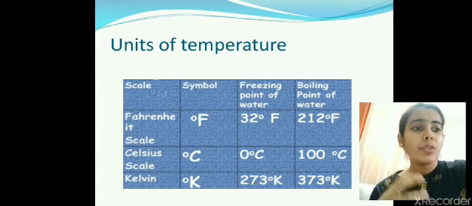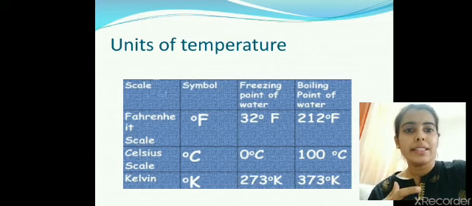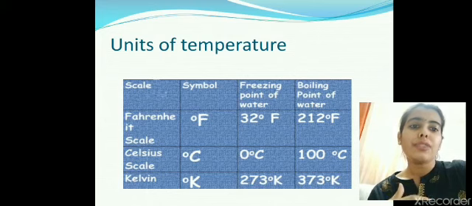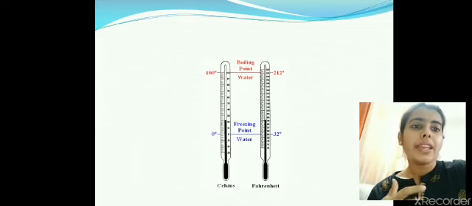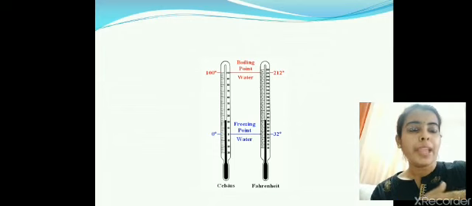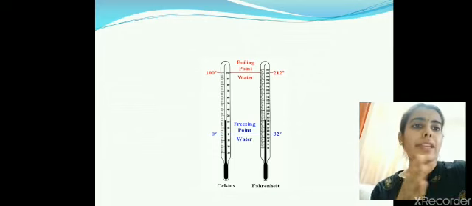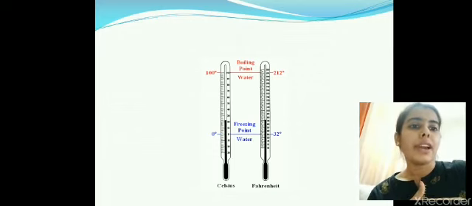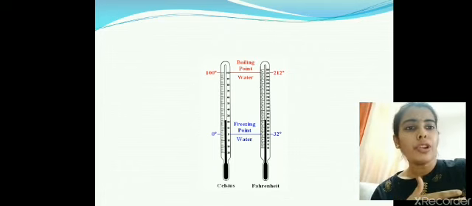The most commonly used scale is the Celsius scale. The Kelvin scale is generally used for scientific purposes. Here I have shown you a slide in which 0 on the Celsius scale is equivalent to 32 degrees Fahrenheit, and 100 degrees Celsius is equal to 212 degrees Fahrenheit, the boiling point of water.